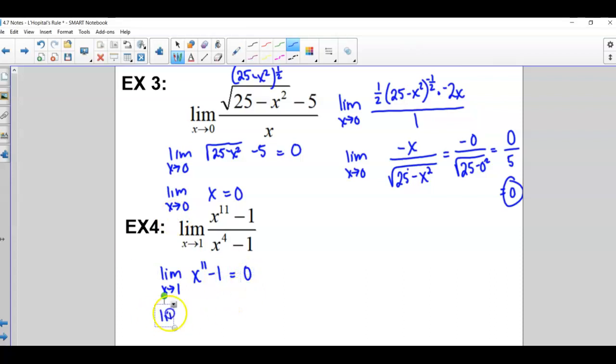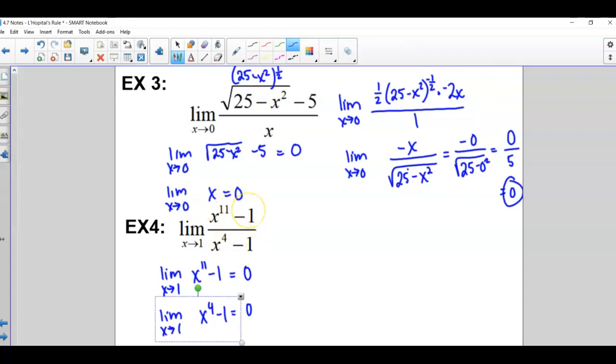And if I do the limit as x approaches 1 of x to the 4th minus 1, I also get 0. So I have the indeterminate form here, but I cannot factor that. I cannot rationalize. I mean, I can factor the bottom. There's probably some sort of crazy factoring rule that you could use for the top, but none of us know it. I don't know how to factor any difference of 11ths.